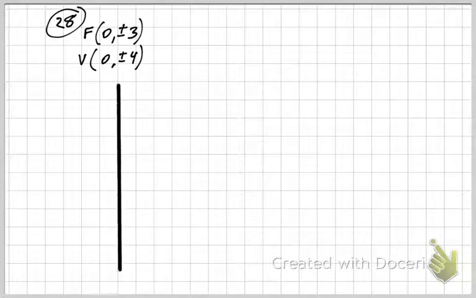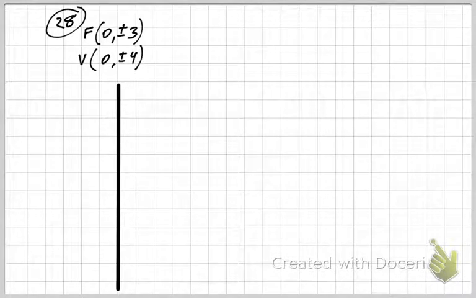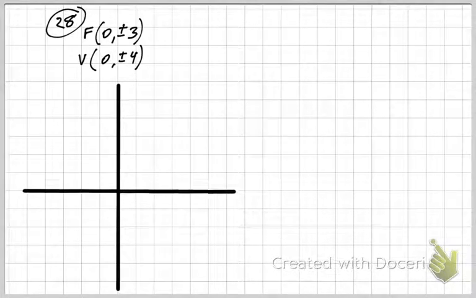Does that make this horizontal or vertical? Plot the points. Where's 0, 3? 0, negative 3. Those are your foci, right? 0, 4. 0, negative 4.